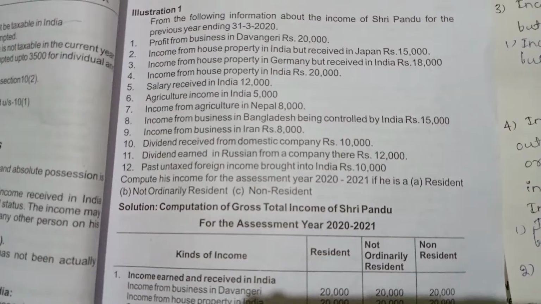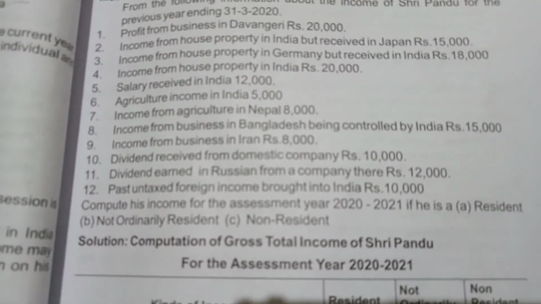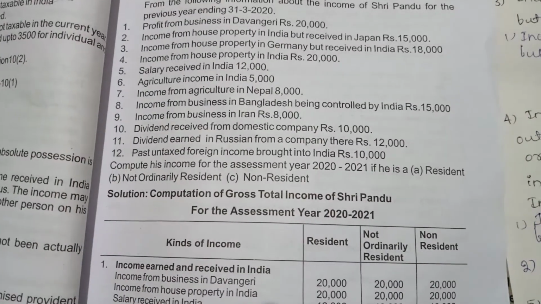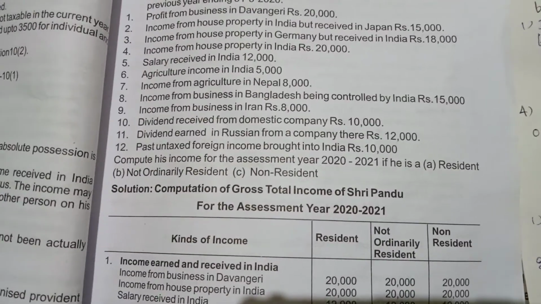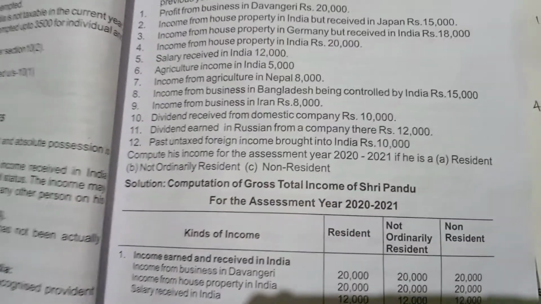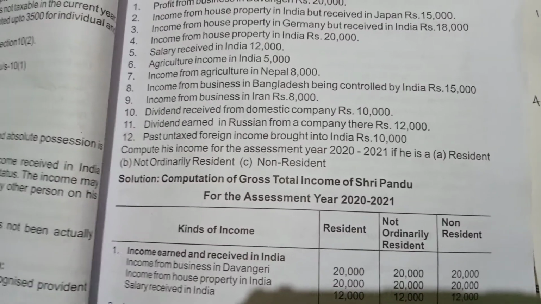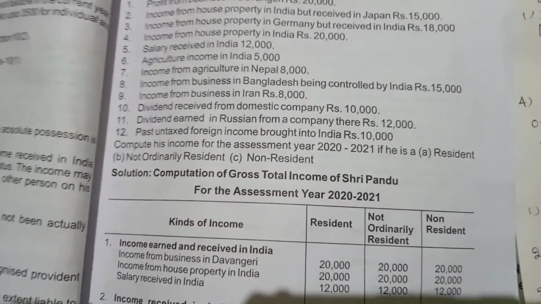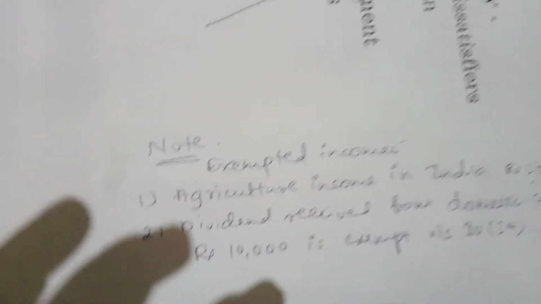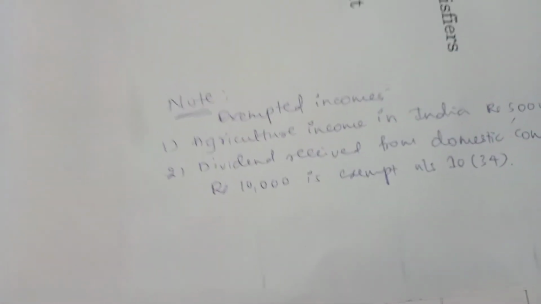Past untaxed foreign income brought into India rupees 10,000. As I have rightly said, if any foreign income which is under dispute is brought into India in the future, it is fully exempt in India only. That is why we are going to show it under the note, exempted incomes.